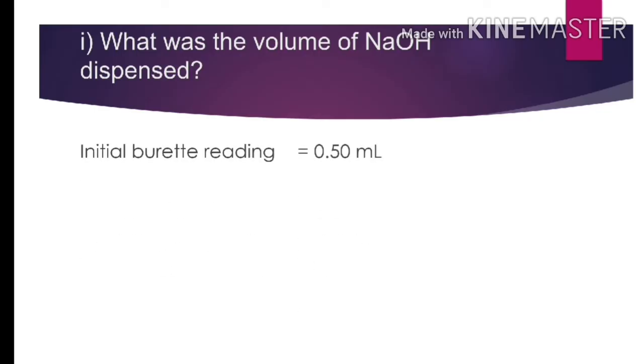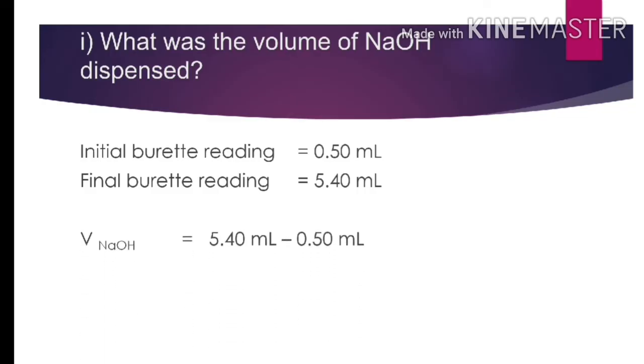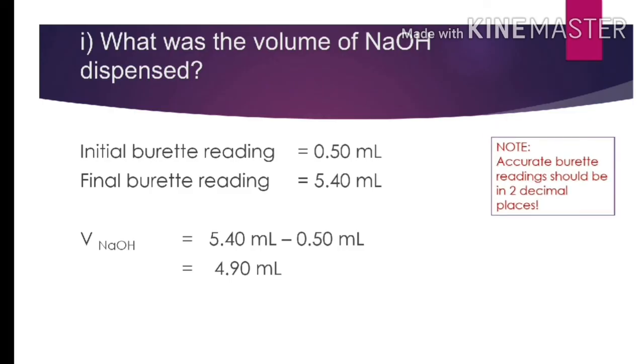Given in the question, initial burette reading was 0.50 ml and the final burette reading was 5.40 ml. So, the volume of sodium hydroxide is final burette reading minus initial burette reading. So, the answer is 4.90 ml.